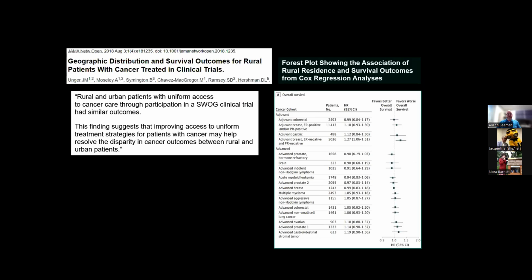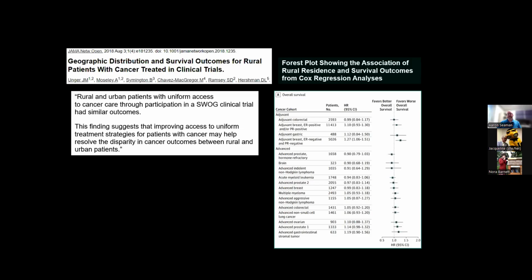However, the difference in mortality is likely related to access to care, including less prevention and diagnostic services. So in this 2018 study of approximately 36,995 patients enrolled in clinical trials over 37 years, patients from rural areas with a wide variety of cancer types had similar outcomes compared with their urban counterparts when enrolled in clinical trials.